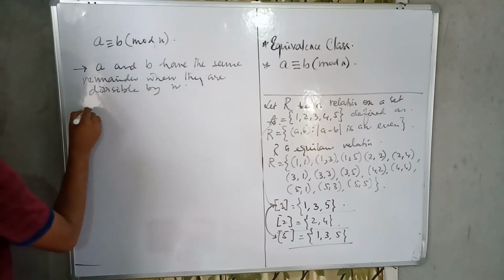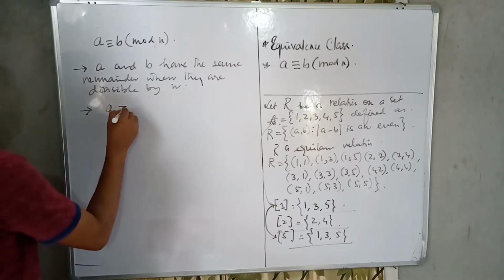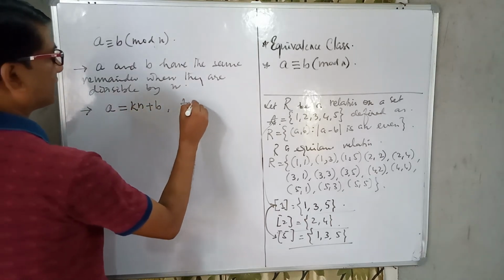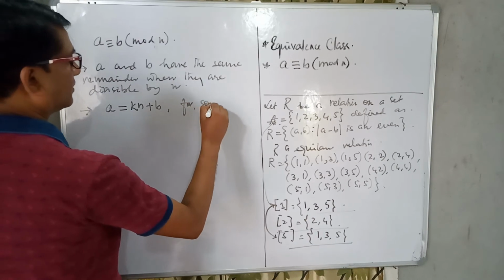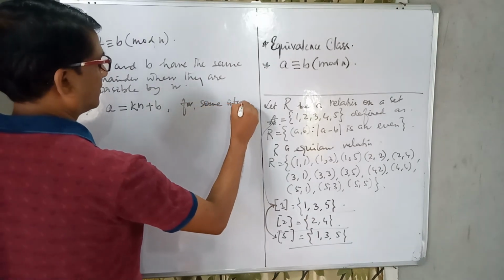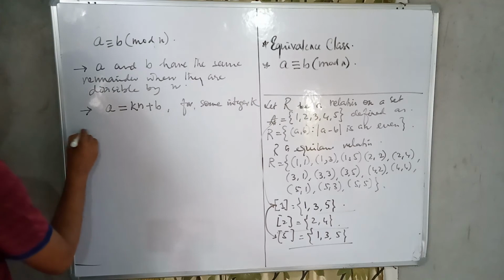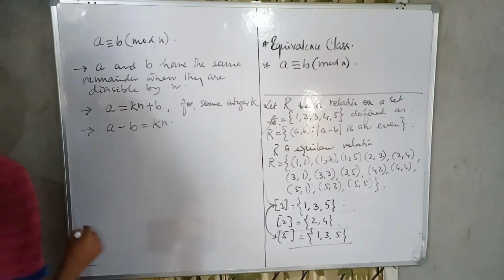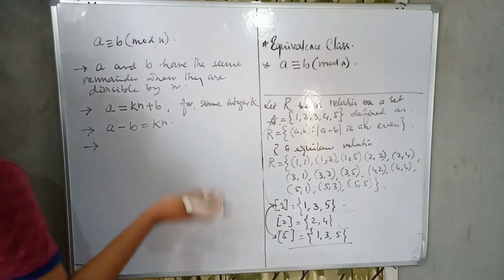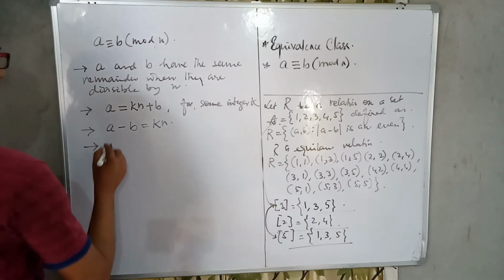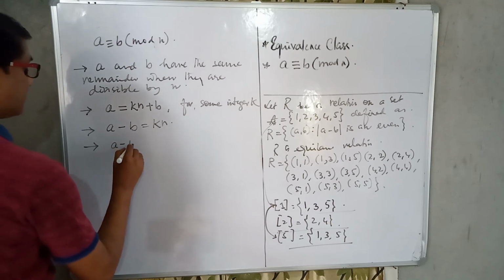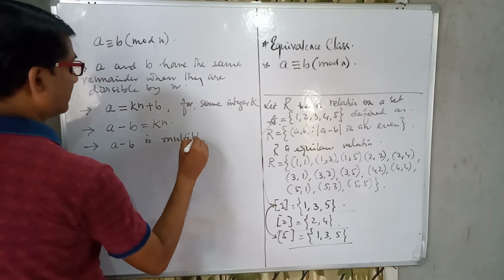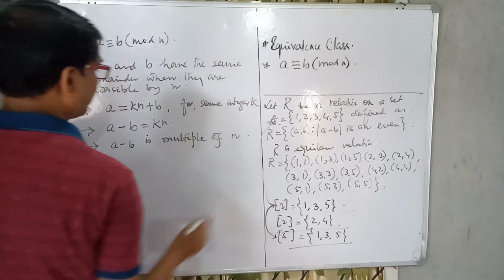Or we can say a is equal to kn plus b for some integer k, or a minus b is equal to kn, or a minus b is a multiple of n.